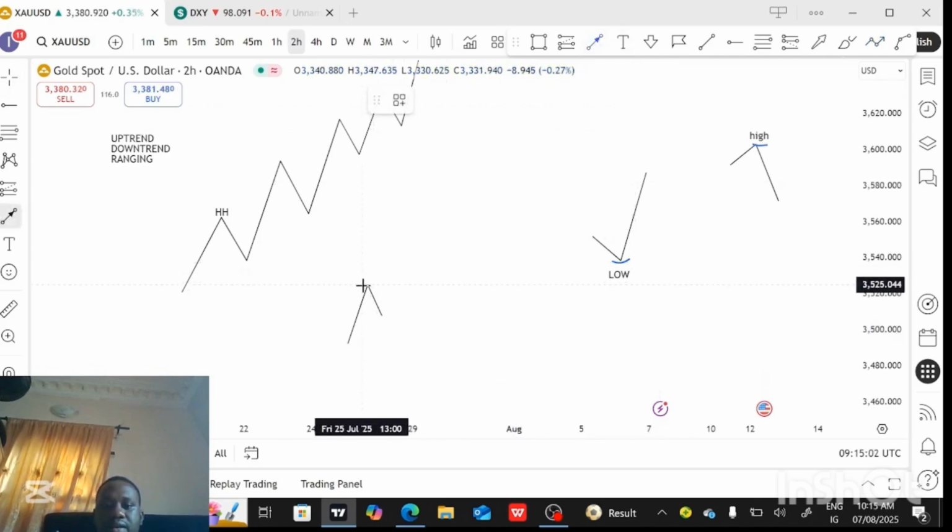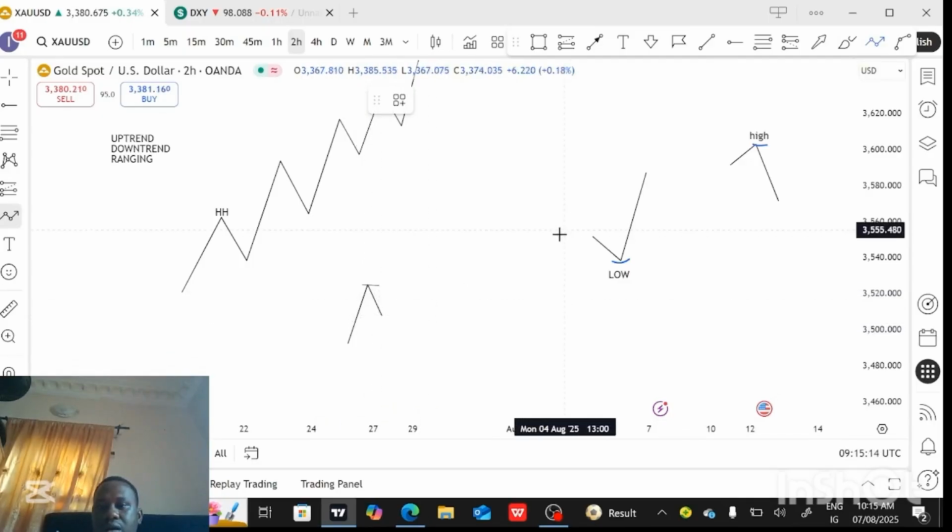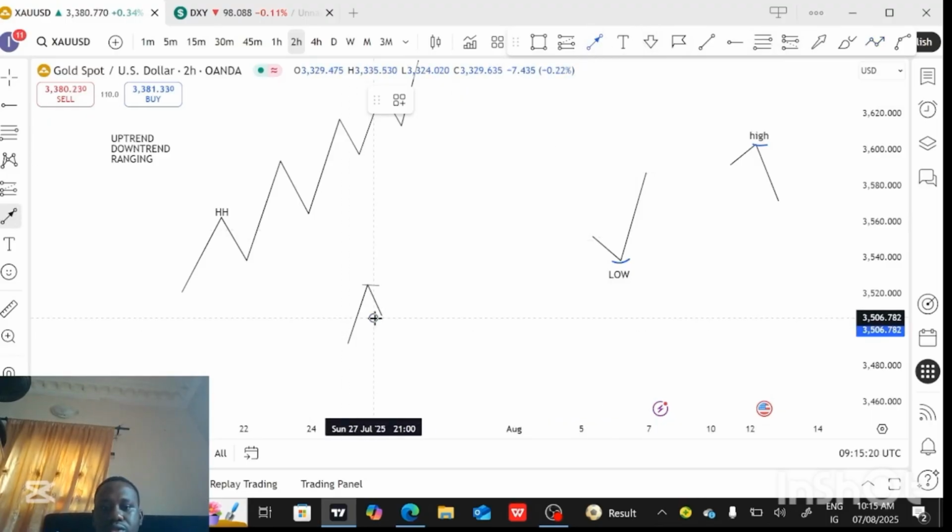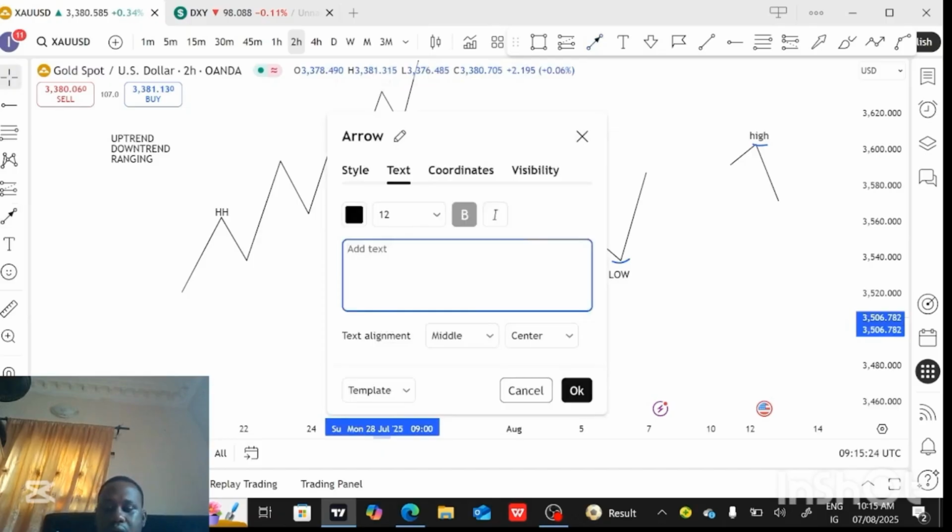This is the first high of the market, right? But because price is in an uptrend and wants to make another move, this is the correction, which is also the pullback.